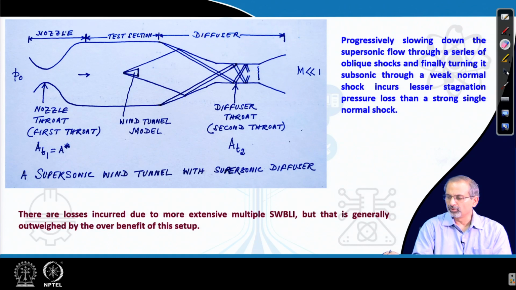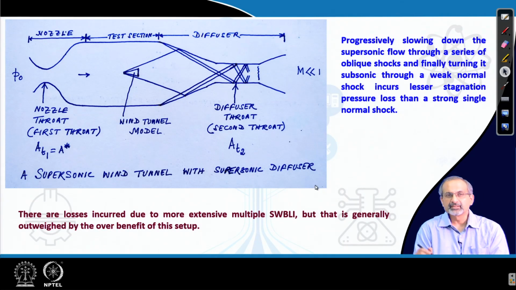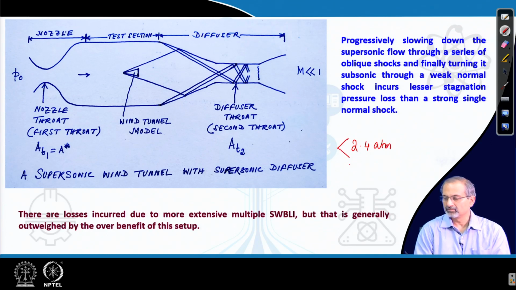That means, we are hopeful that with this setup we will be able to reduce the pressure requirements even below 2.4 atmosphere. So, the requirement may be lower than 2.4 atmosphere, and then adding this supersonic diffuser portion is certainly beneficial.